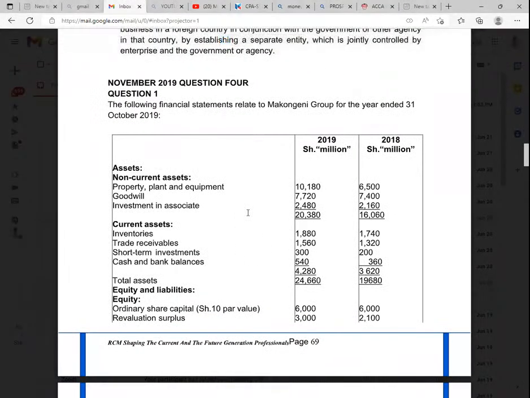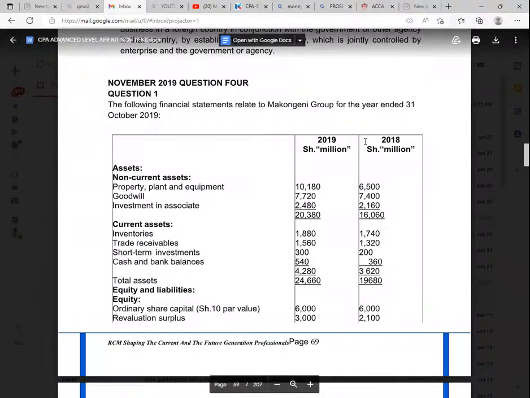Now, we are told the following financial statements relate to CEHE Group for the year ended 31st October 2019. So remember, for you to be able to do a cash flow statement, for the balance sheet you must be given 2 consecutive years' balance sheets.